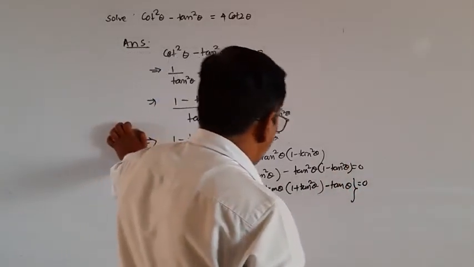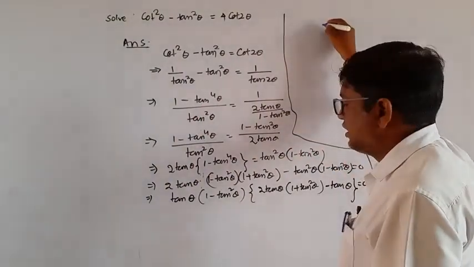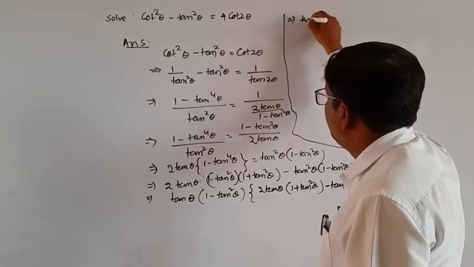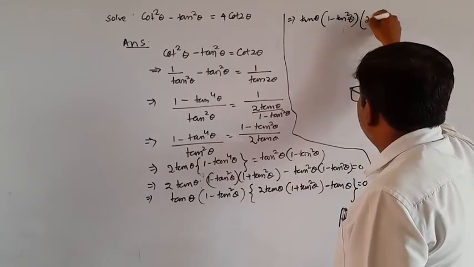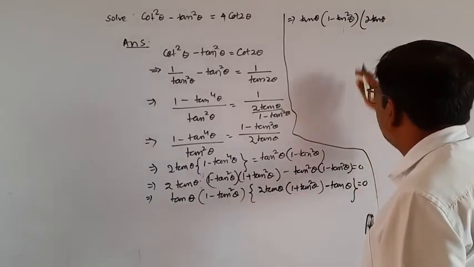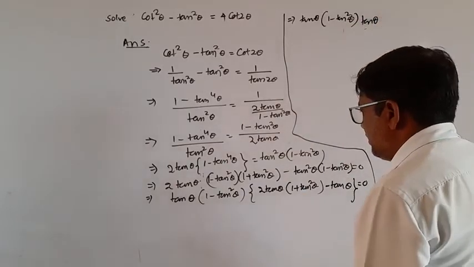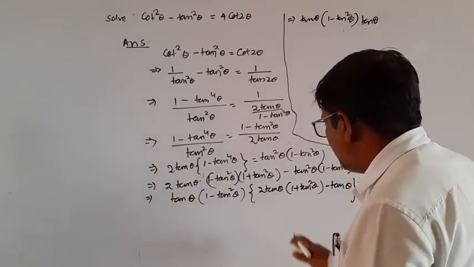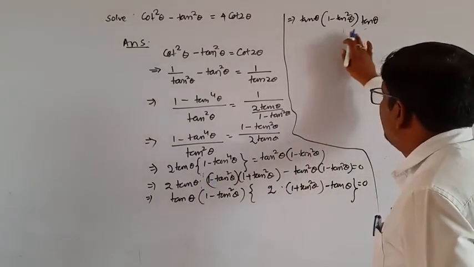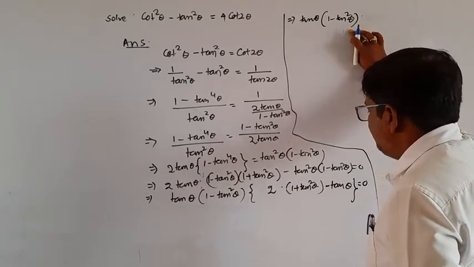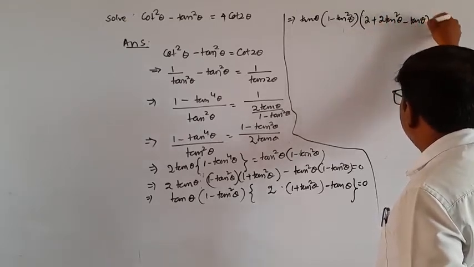So this is equal to tan theta into (1 minus tan square theta) into (2 plus 2 tan square theta minus tan theta) is equal to 0.